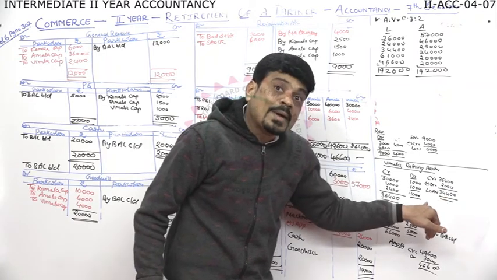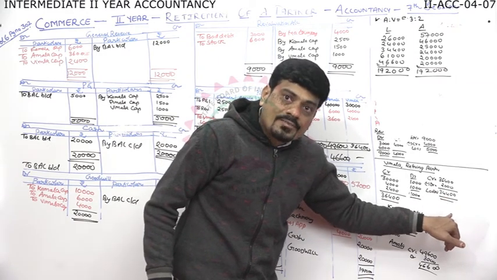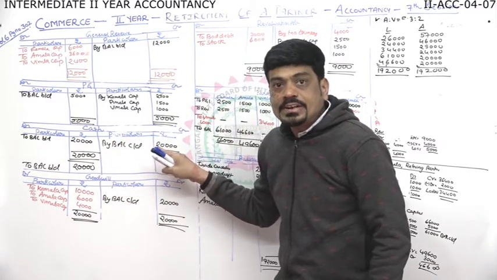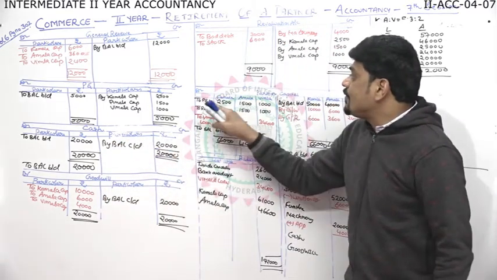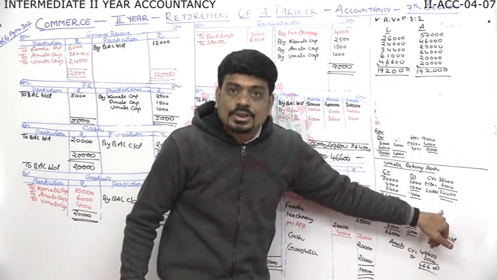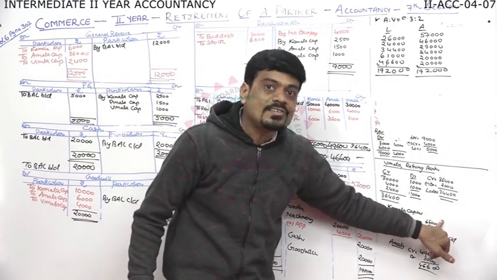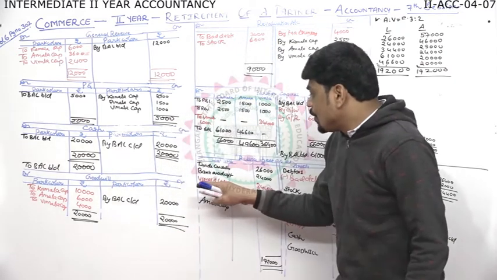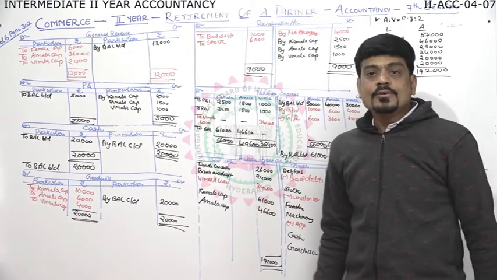What we'll do? We'll minus 20,000. We are paying cash. So in the cash account, we'll write by Vimla 20,000. Then in Vimla, we'll write to cash 20,000. Now balance how much we get? For example, 14,400. That we'll write as loan. That's all. Vimla loan will take 14,400.